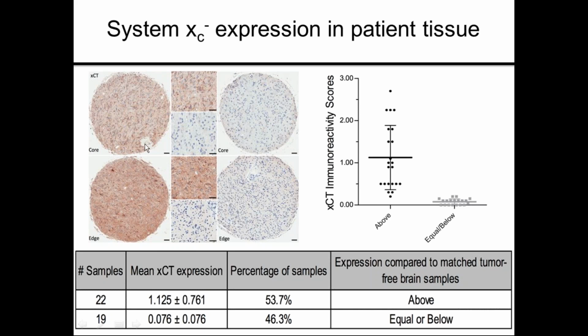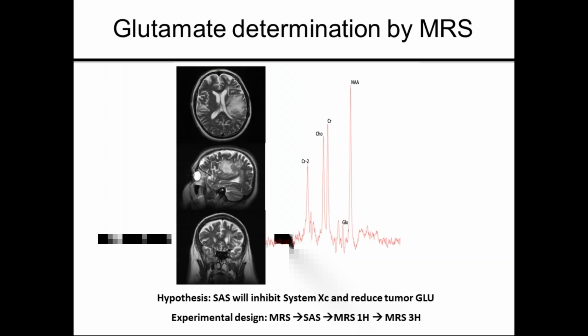These are immunohistochemical stains from the tumor, and this brown reaction product is staining for System XC, and they were able to score that and demonstrate that a significant percentage of patient samples, just over 50%, actually had higher levels than would be expected.